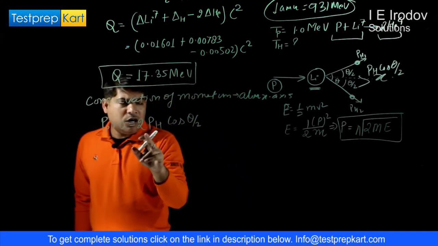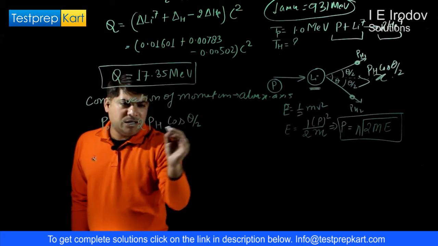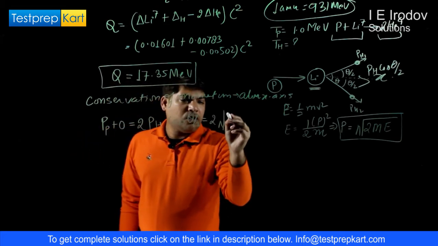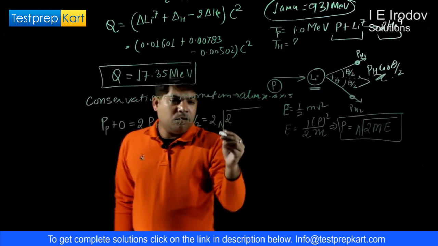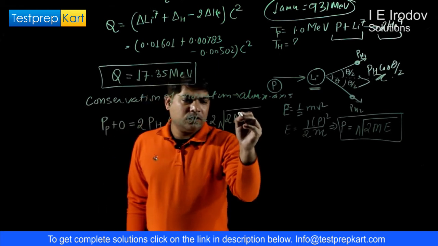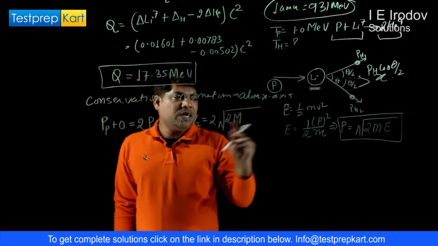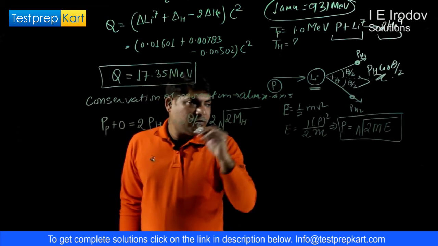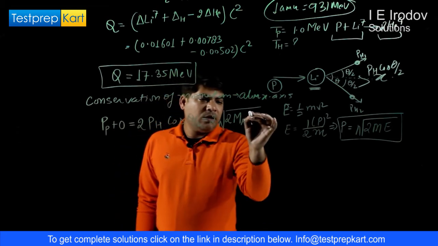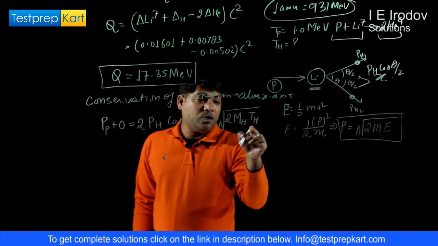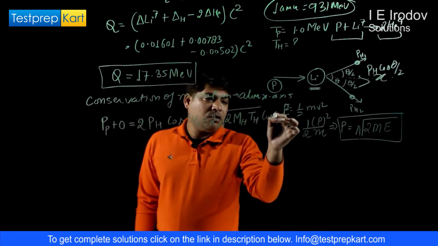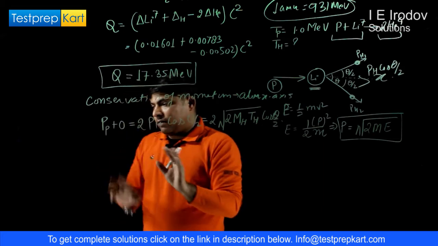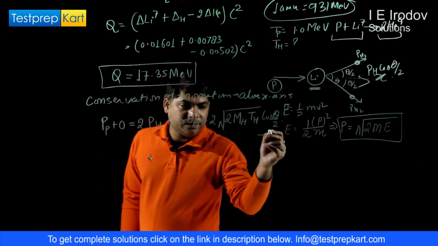This pH can be replaced by the square root of 2 mass of helium into energy of helium, which is not known yet, where H stands for helium, representing alpha. This is our first equation.